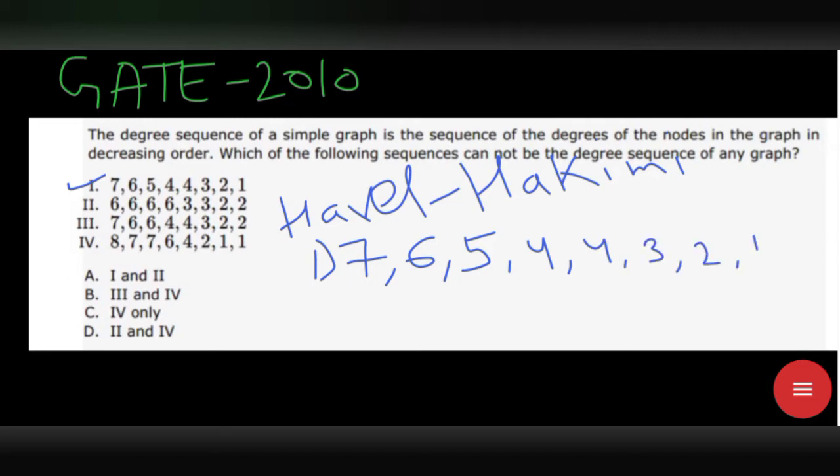What Havel-Hakimi says is that firstly arrange the numbers in decreasing order. So they are arranged, and now I will cut one number, and whatever value it contains, I will decrease by 1 that many elements.